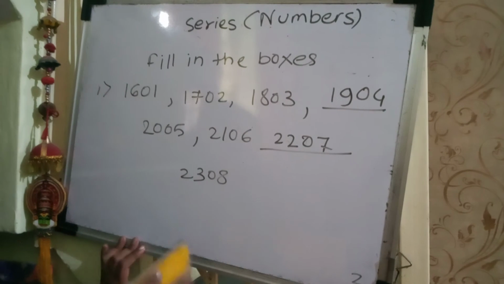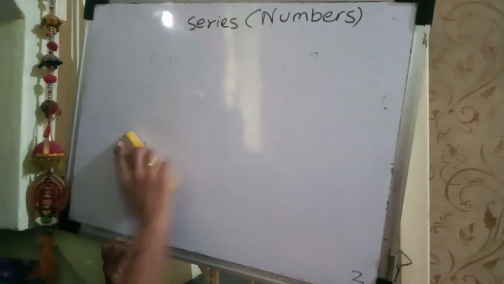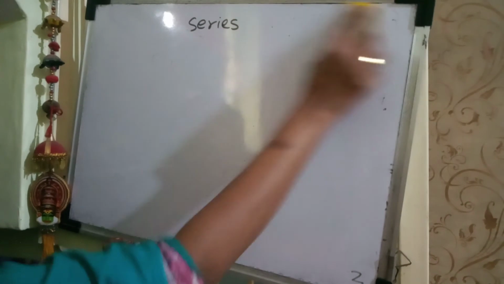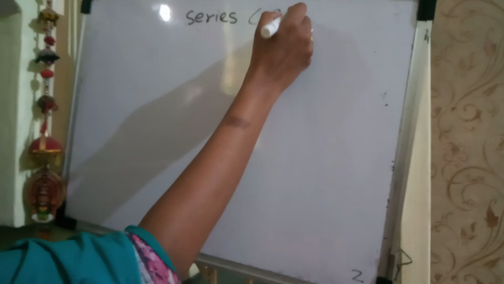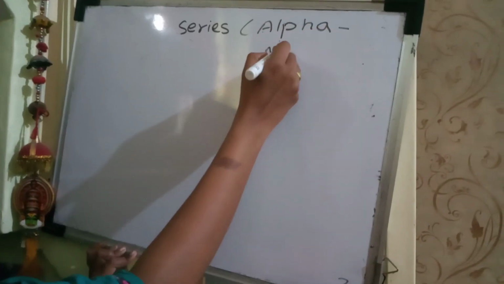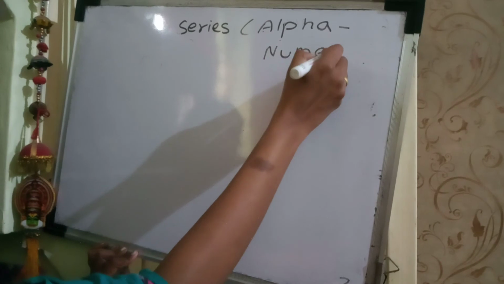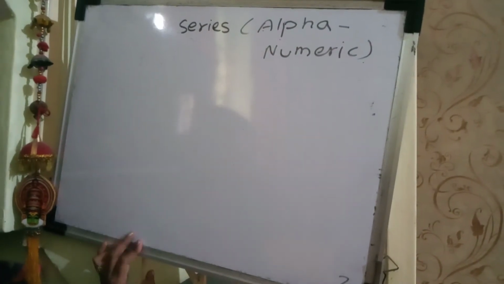Then we will go to the alphanumeric series. Okay, in series the next option is alphanumeric. Alphanumeric means it's a combination of numbers and letters.